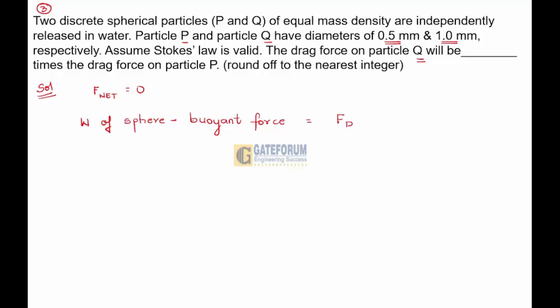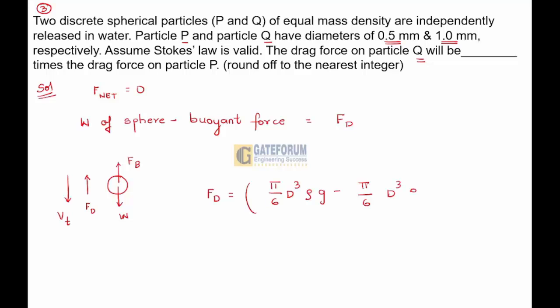This is the sphere, weight force will be acting downward, buoyant force will be acting upward, terminal velocity will be downward, drag force will be upward. This is the condition. And for that, I'll write drag force Fd is equal to pi by 6 d cube into density of sphere into g, minus pi by 6 d cube into density of the fluid into g.